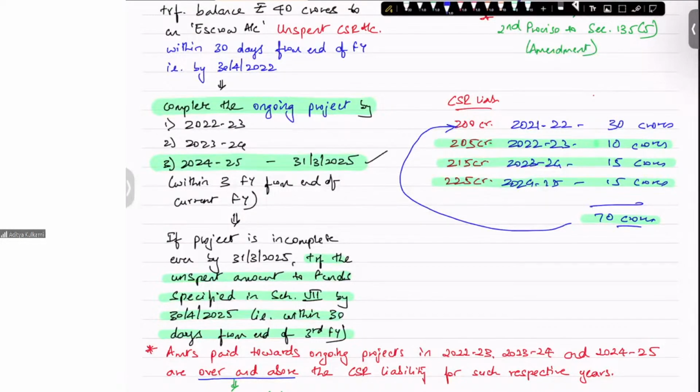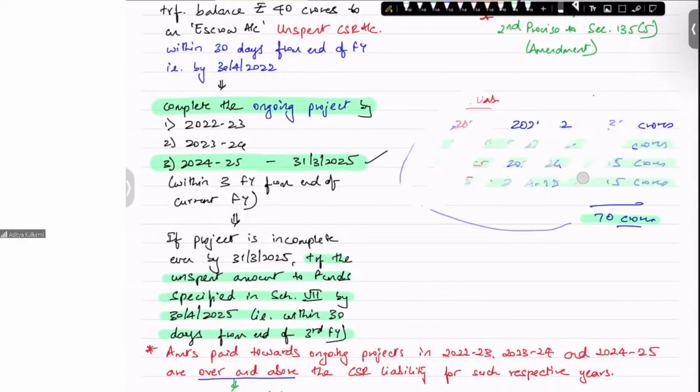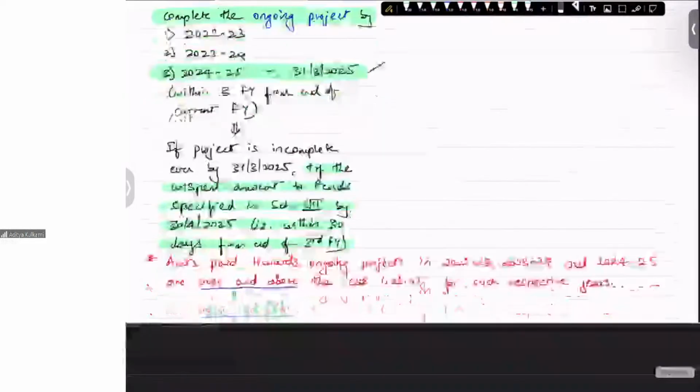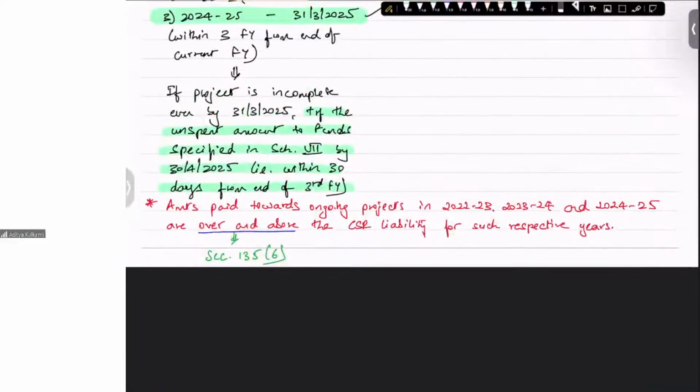So this is over and above the liabilities of 22-23, 23-24 and 24-25. Okay. So this is what is your section 135 subsection 6.